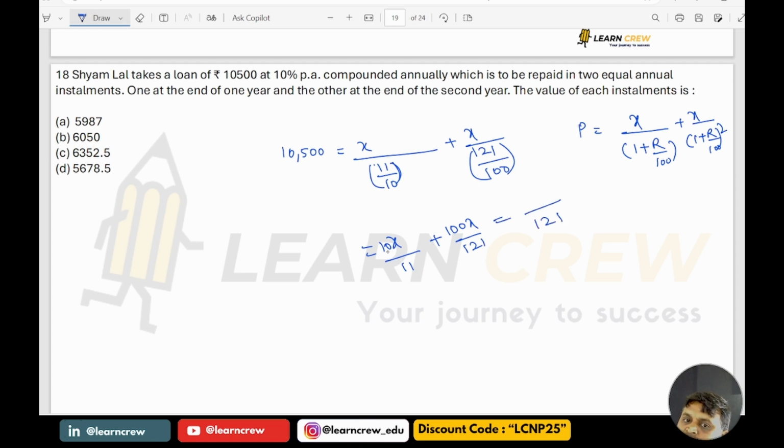Now 11 tens are 110, 110 plus 100, 210x. So x is equal to 10500 into 121 divided by 210. So 0 cancels, 21 50s are, so the answer is 6050.